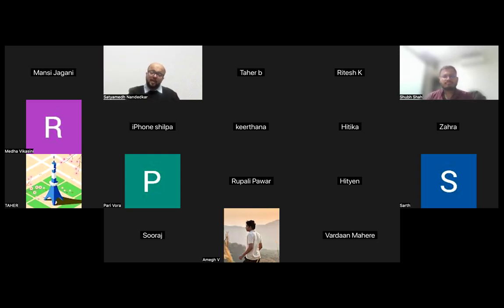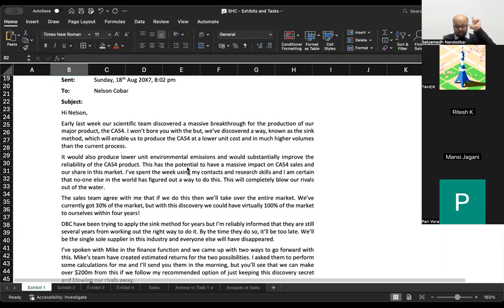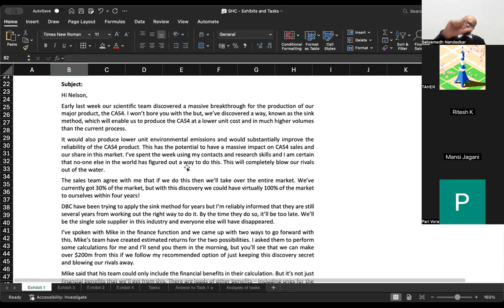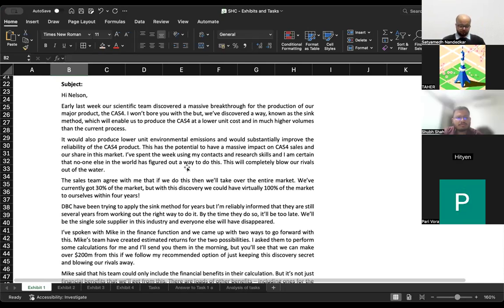Now, from an environmental standpoint, I'll take you back to exhibit 1. See if you have anything from an environmental standpoint here. Sir, in the second paragraph it says emissions. Can you tell me what's there in the second paragraph?